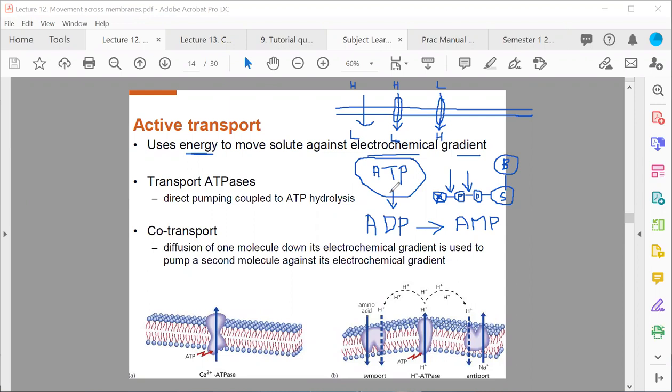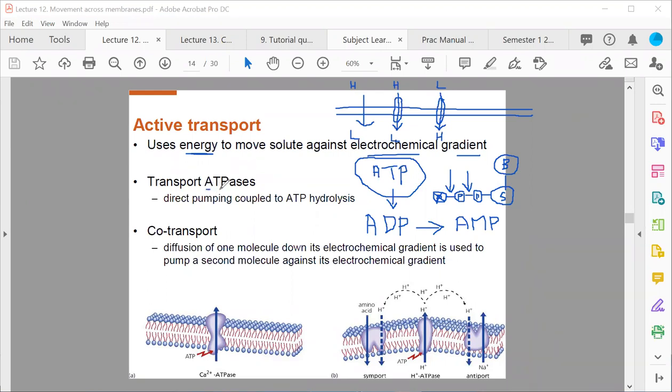All right, ATP. So let's look at active transport. Active transport employs the use of transport proteins, membrane transport proteins, just like our facilitated diffusion here. But these transport proteins are different.